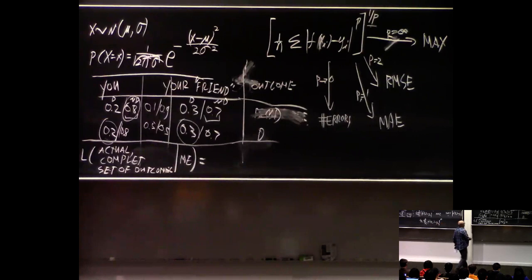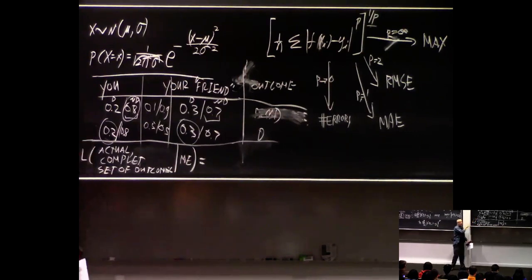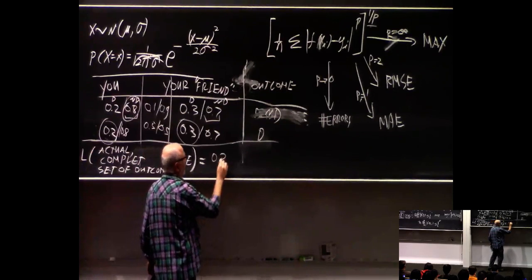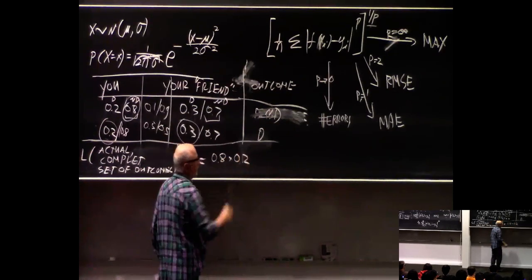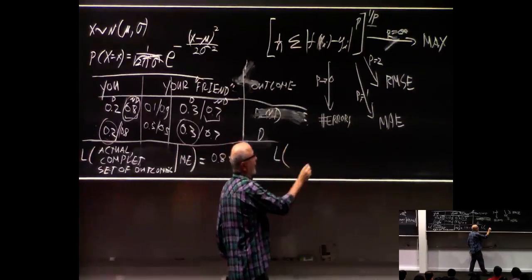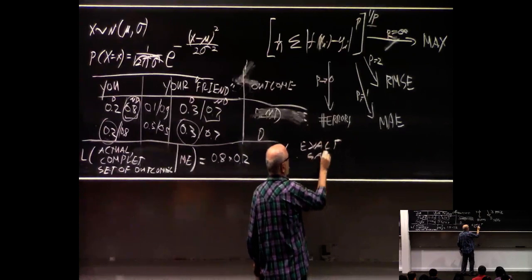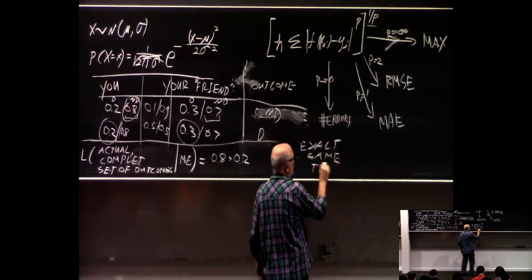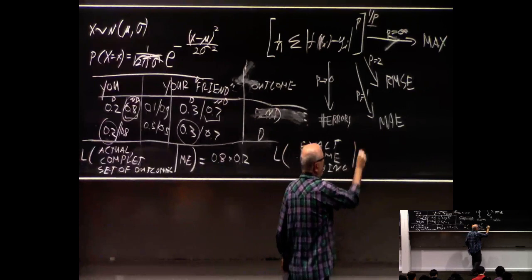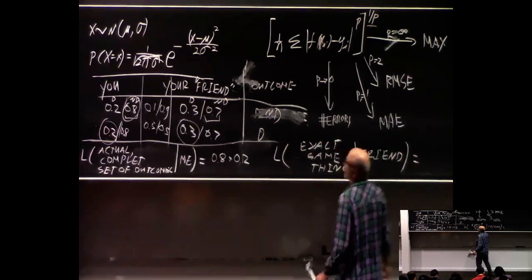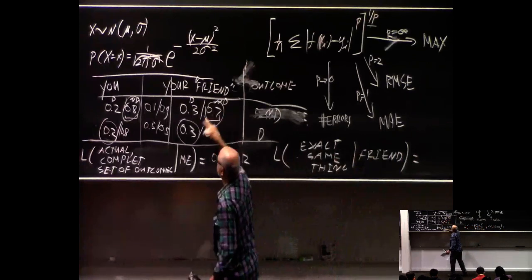Assuming they're independent, or at least assuming that my model of them is independent, then the likelihood of what actually happened, according to my model, is 0.8 times 0.2. Whereas the likelihood of the exact same thing, according to my friend, is 0.7 times 0.3.